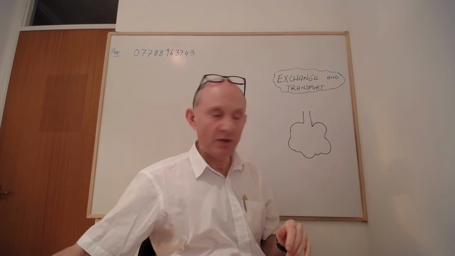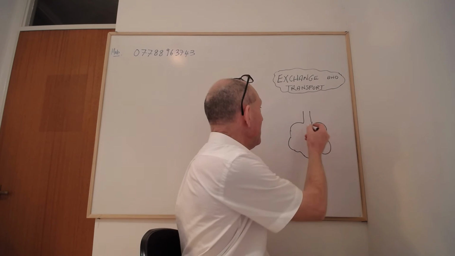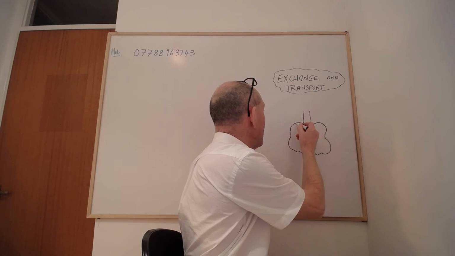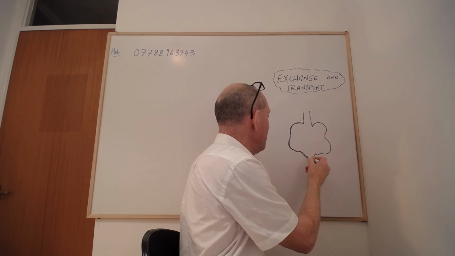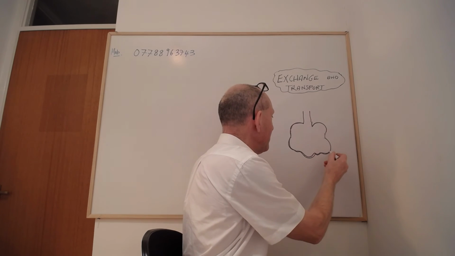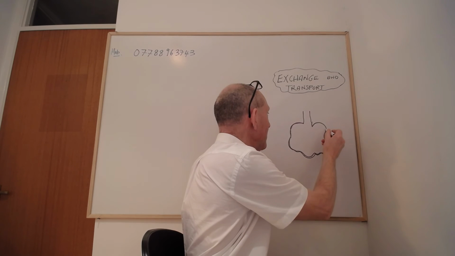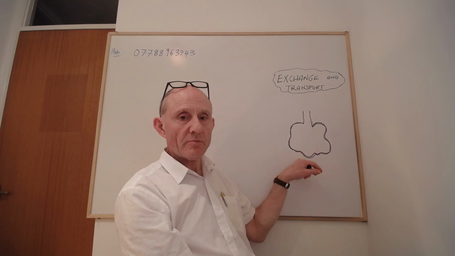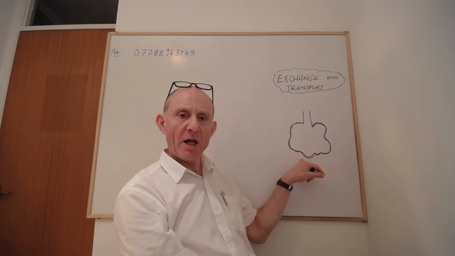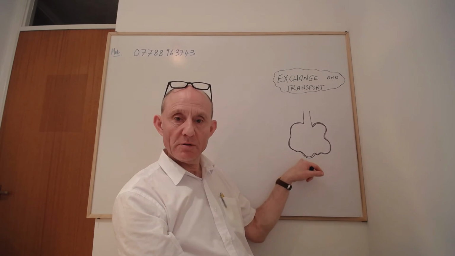So this idea, I'll just use this alveolus here. You've got this layer of moisture on the inside of the alveolus, which is essentially a layer of mucus. Remember what I said it was there for. It serves several purposes. At GCSE, you were told maybe that a layer of mucus would trap any bacteria and dust that gets into the lungs.